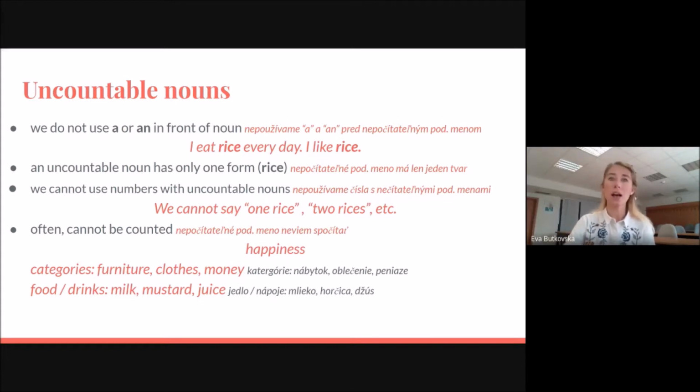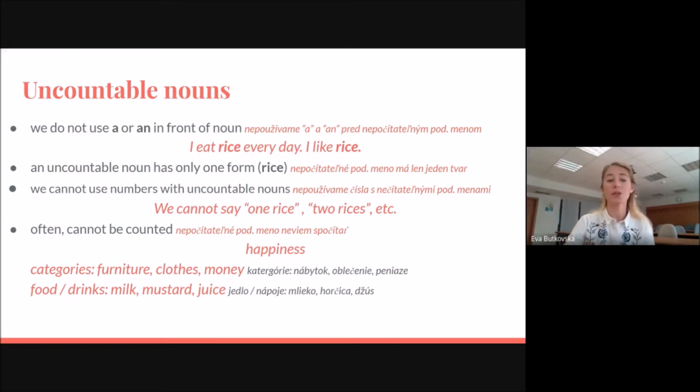We cannot count clothes in English, but we can count dresses or shirts or hats, for example. The same applies for money. This is a little bit strange for a non-native speaker to understand, because probably in your native language you can count money, but in English we count money in coins or notes or bills.